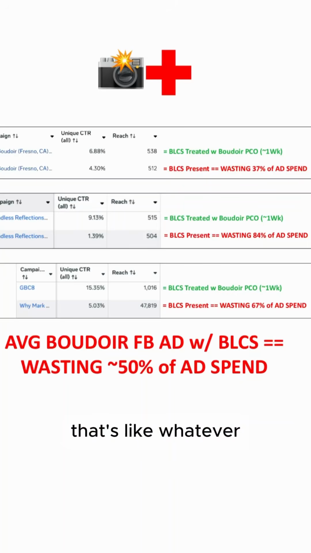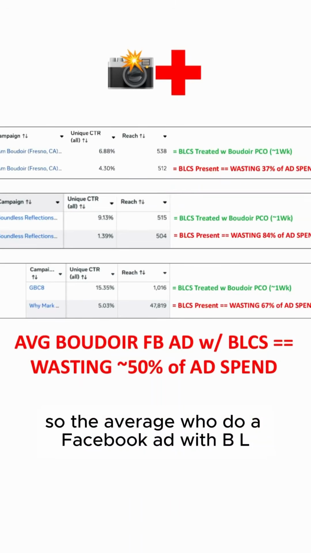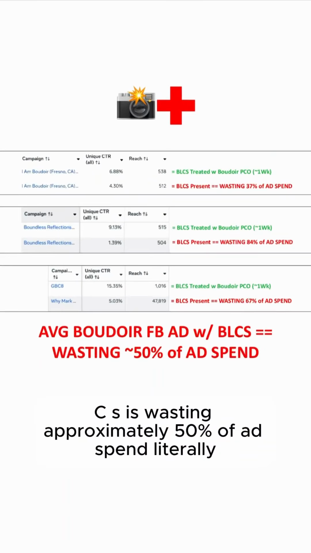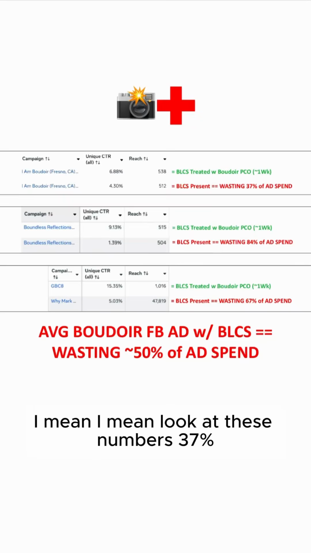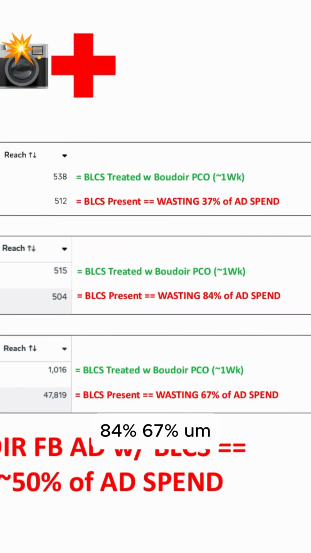So it's like an 80K bonus over the next 12 months, back in his pocket. So the average boudoir Facebook ad with BLCS is wasting approximately 50% of ad spend. Literally, look at these numbers: 37%, 84%, 67%.